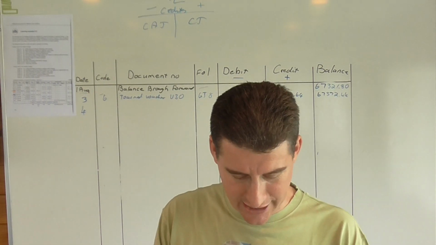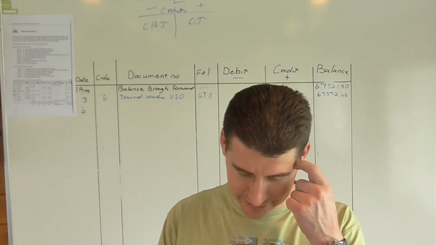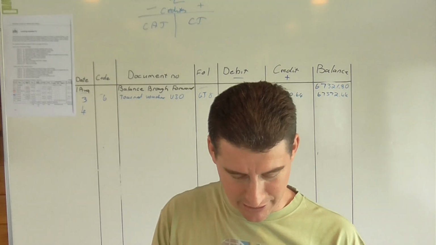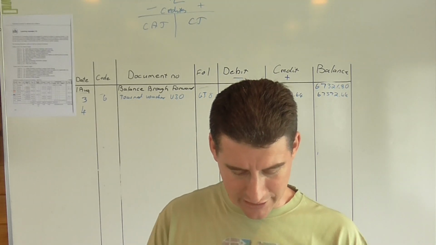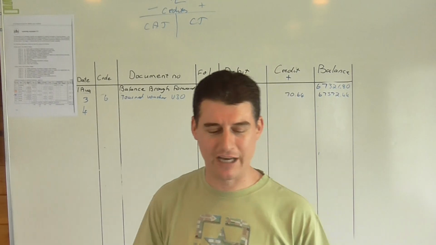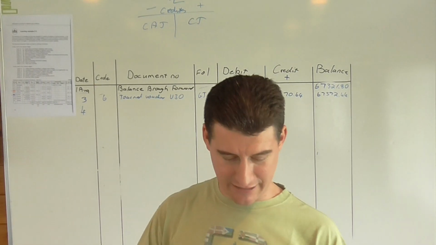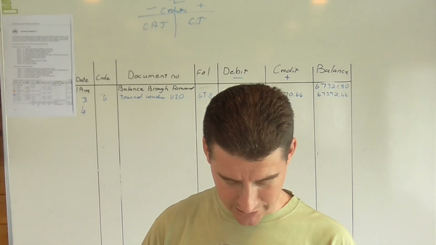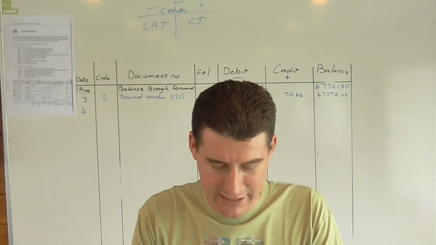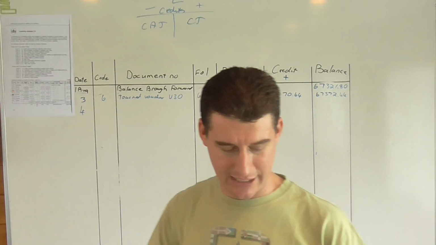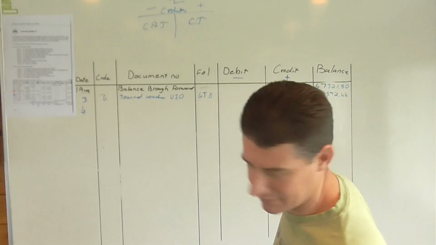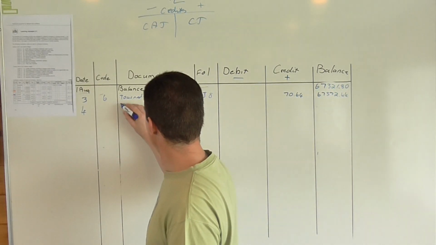Now, on the 4th, purchased merchandise on credit from DW for 13412.95 less 15% bulk trade discount, and we received invoice PR17.